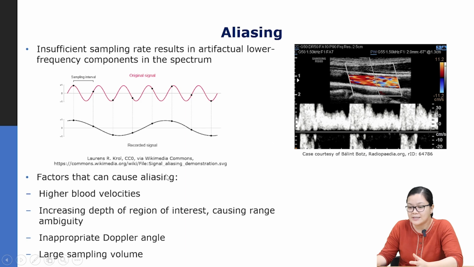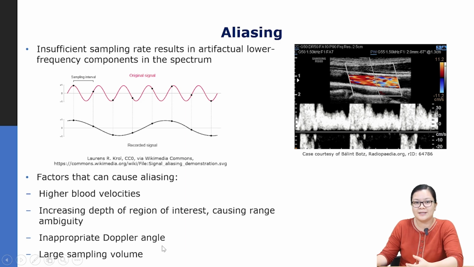So factors that can cause aliasing are really high blood velocities. If the system is unable to capture all that blood flow at high velocities, then there could be some aliasing. Also, increasing depth of the region of interest can cause some range ambiguity.